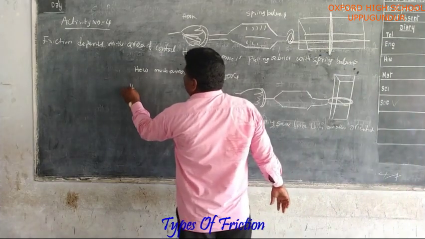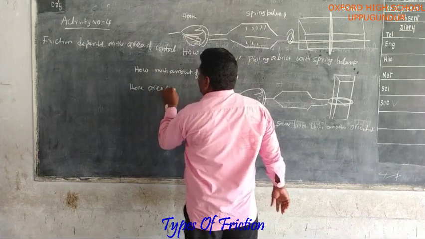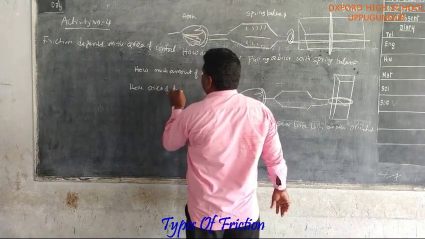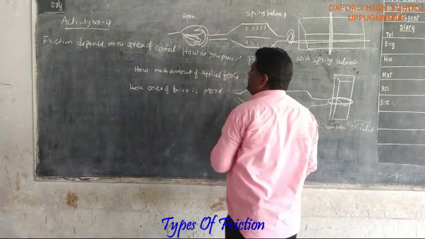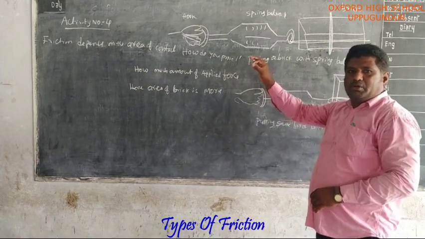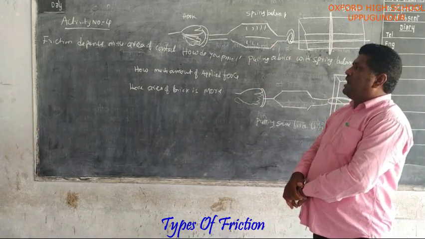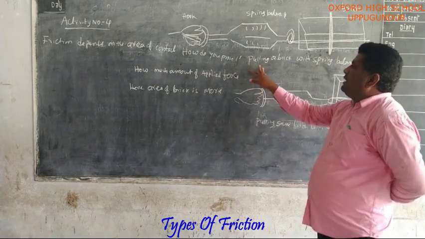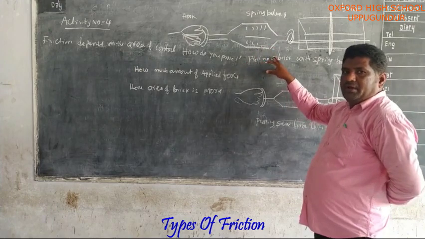The area of the brick is very large. So what is today's topic? How do you prove that friction depends on the area of contact? First, tie the string to the brick.